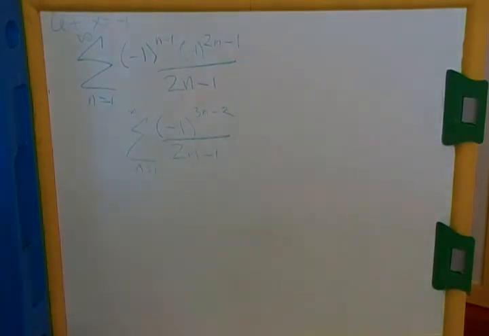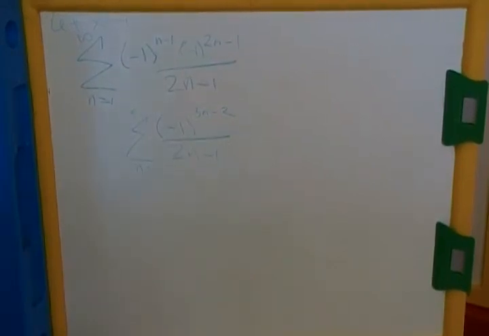Well, it's still alternating, right? Because 3 times n is sometimes going to be even and sometimes odd. If n is an even number, then 3 times it stays even. If n is an odd number, then 3 times it stays odd. And when I subtract 2 from it, it stays even or odd. So I've got an alternating series.